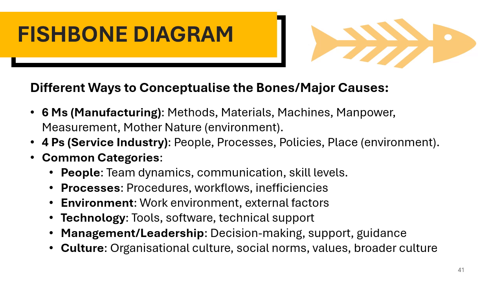Common categories: people, processes, environment, technology, management and leadership, and culture. It's really up to you and the kind of problem that you're working on to use those critical thinking skills and come up with the major causes in a way that makes sense for the problem that you're actually trying to solve.